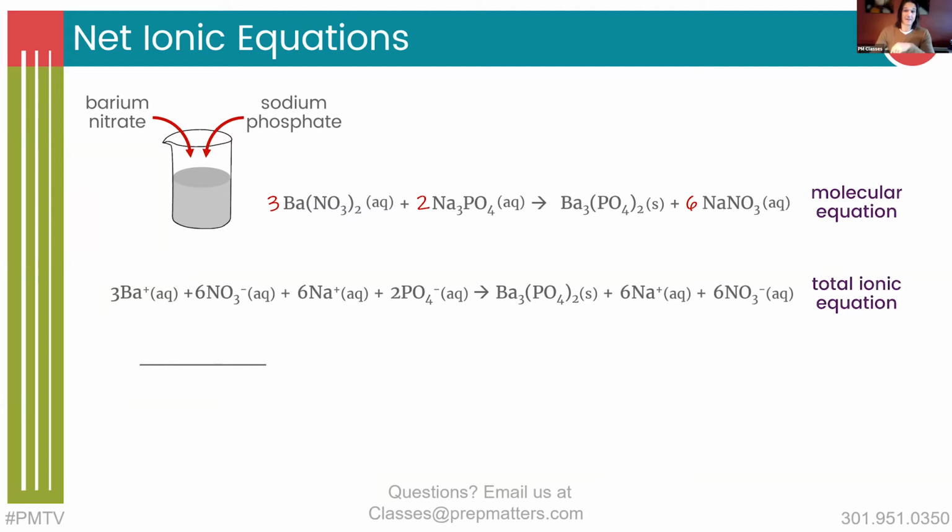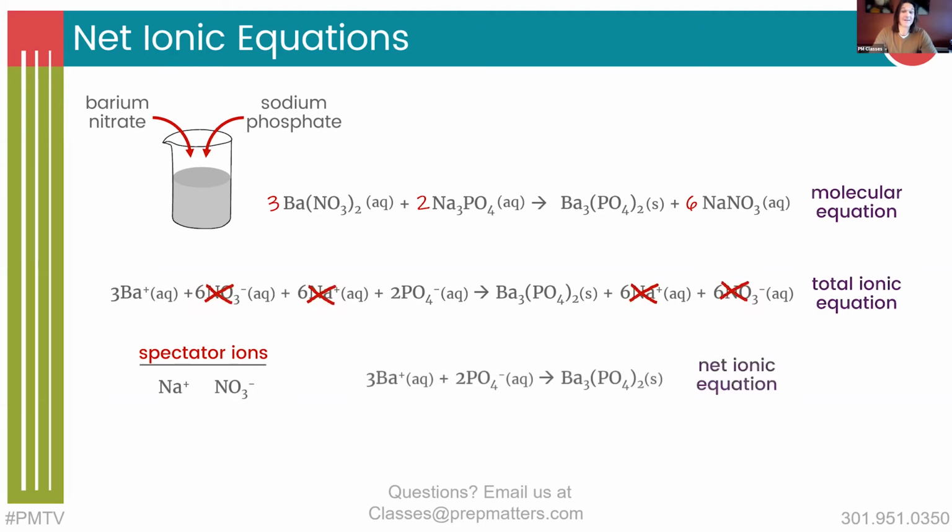The final step here is to realize that there are what are called some spectator ions, right? That is, I've got 6 nitrates on the left and on the right. I've got 6 sodiums on the left and on the right. Those guys aren't really participating in the reaction, so to speak. They're just looking around, which is why we call them spectator ions. So if we remove those guys, we end up with what's called our net ionic equation.